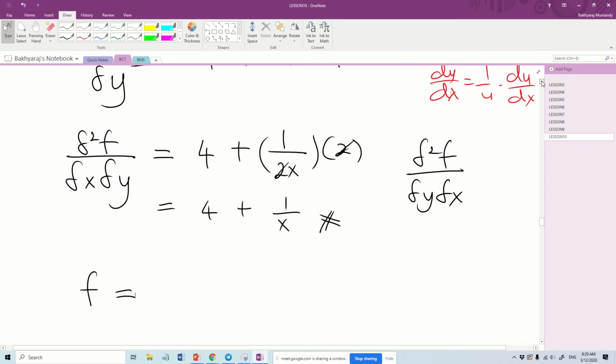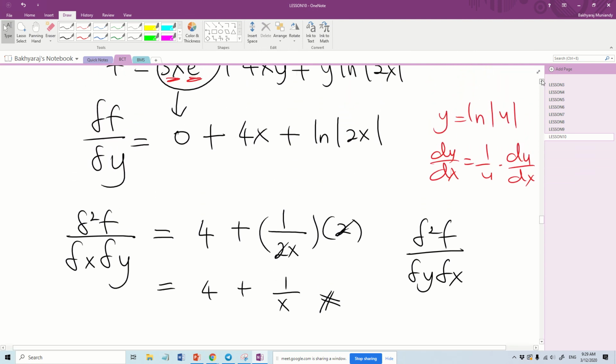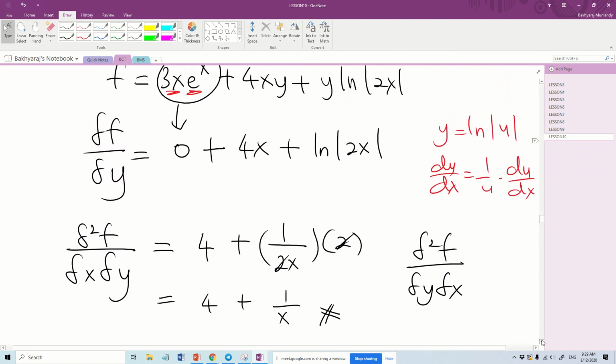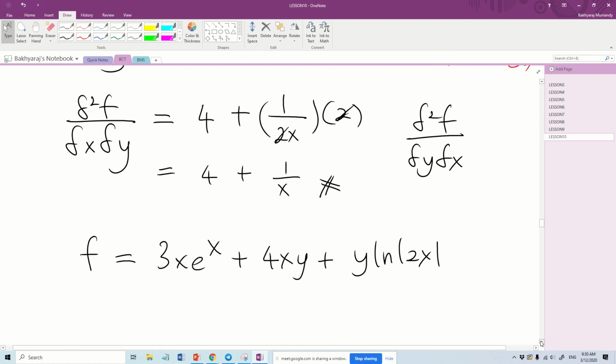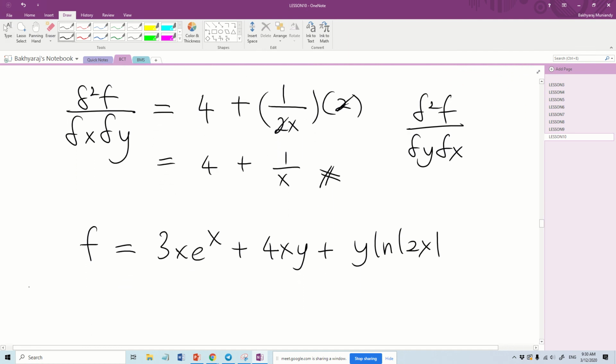Function f is 3x exponent x plus 4xy plus y log 2x. Now I want us to try this one.